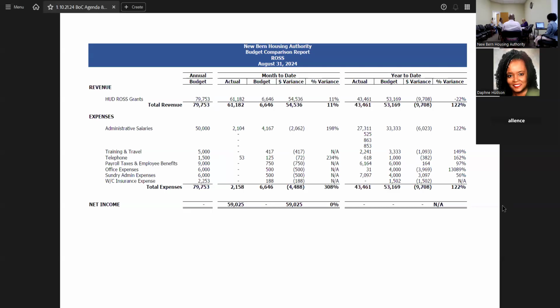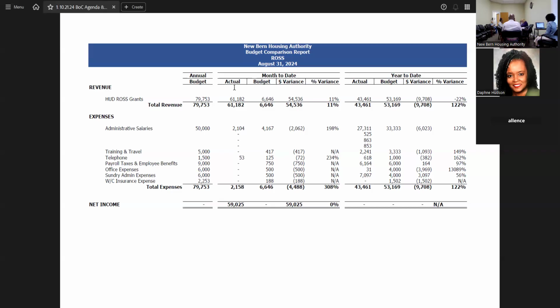Can I ask a question so I can make sure I'm understanding how to read this properly? Yes. In the first column, it shows the annual budget, the annual budget for the entire year. Is that correct? Yes, correct. And then you have a month-to-date column.